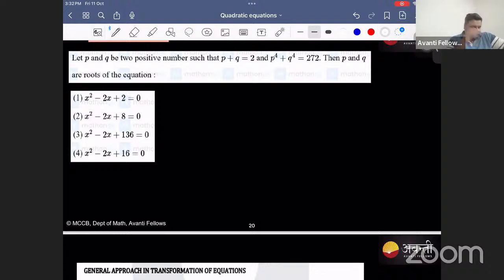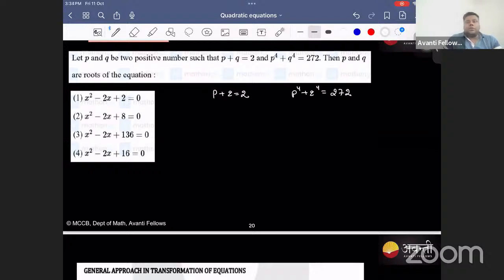See, P and Q are positive numbers such that P plus Q is 2 and P to the power 4 plus Q to the power 4 is 272.